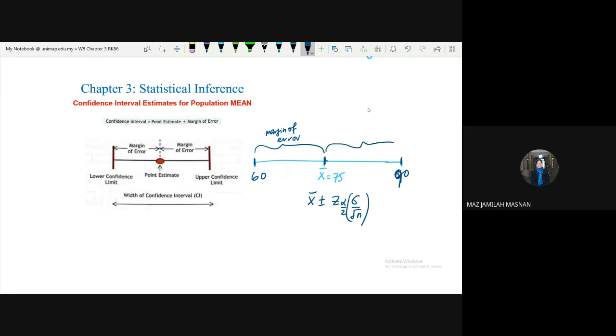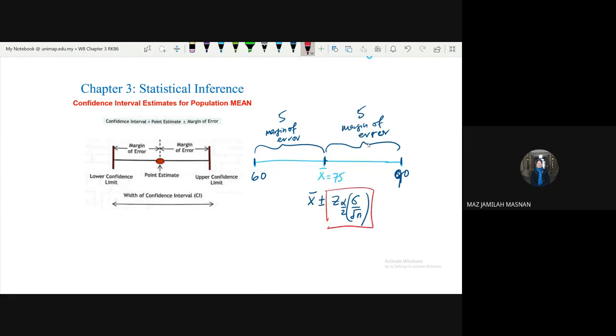So this range here is what we call the margin of error. If you have a margin of error of 5 here, there will also be 5 here. There will be a symmetric margin of error. So where does this margin of error come from? It came from this one.